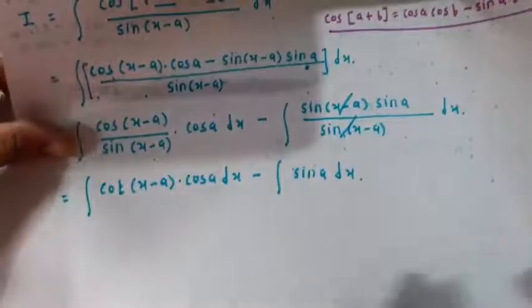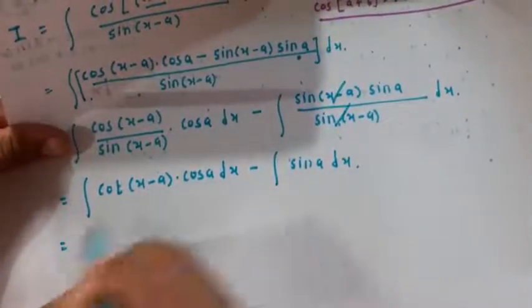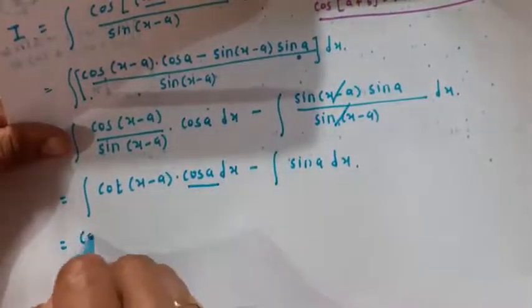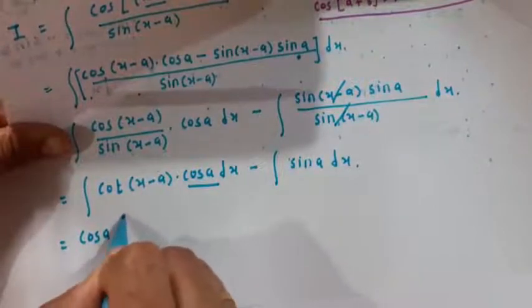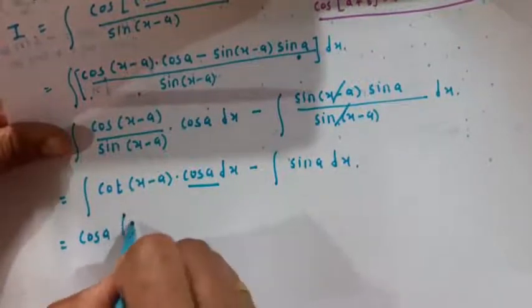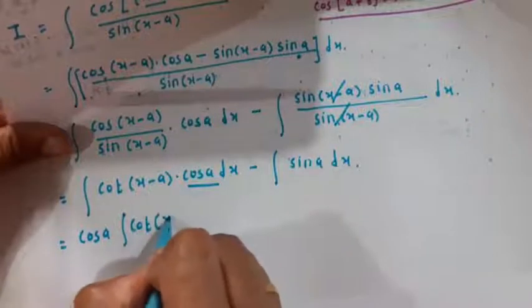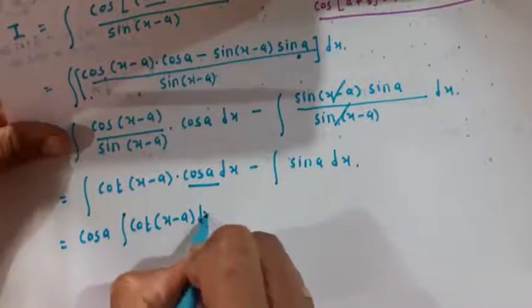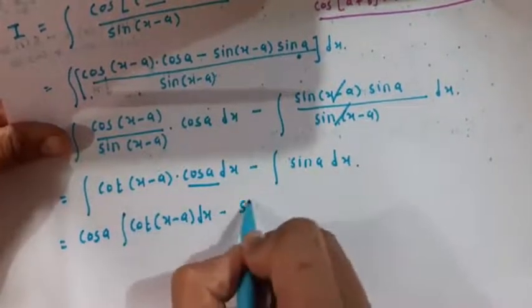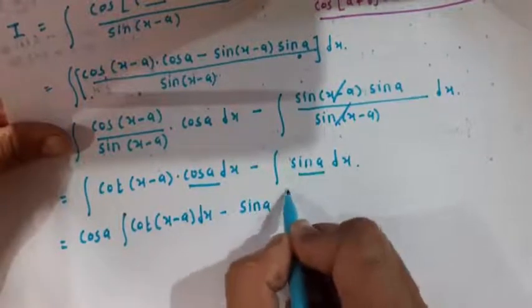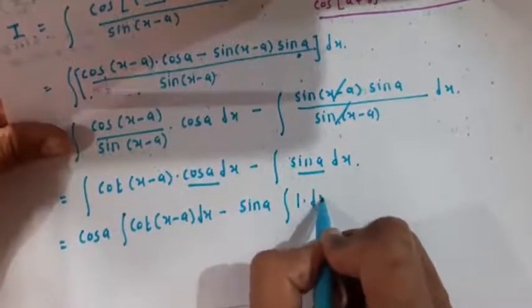Okay, now this cos a is a constant, keep it outside, and the integration of cot(x − a) with respect to x, minus sin a as a constant and the integration of 1 with respect to x.